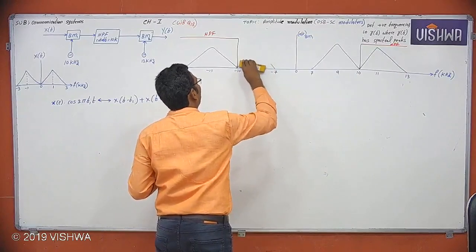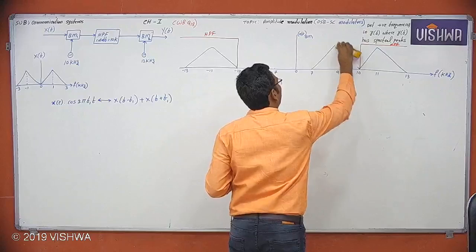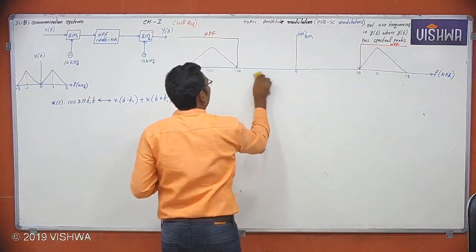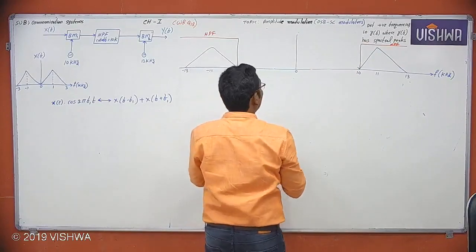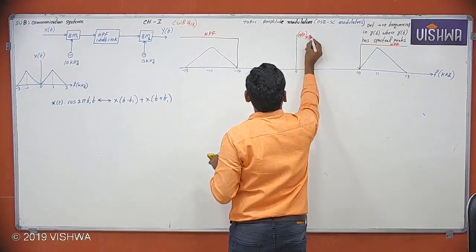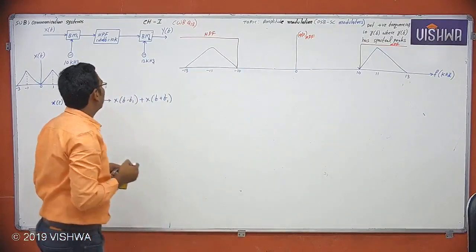Therefore this is not allowed by our high pass filter, because these are frequencies less than the cutoff frequency. Now this is the output of the high pass filter.